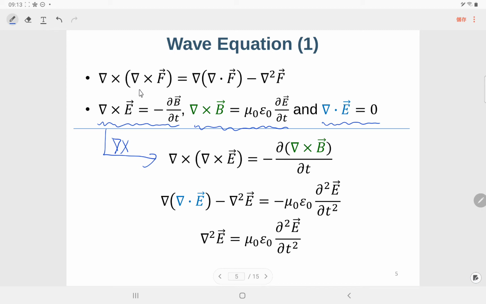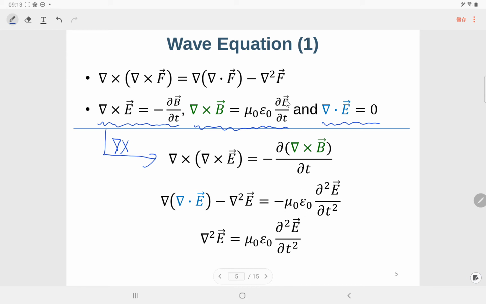So for the left hand side, we make use of the curl of curl identity. So the left side becomes gradient of the divergence of E minus the Laplacian of E. And the right side we make use of Ampere's law, so the right side is substituted to here. And mu naught epsilon naught are constants, so we just factor them out.